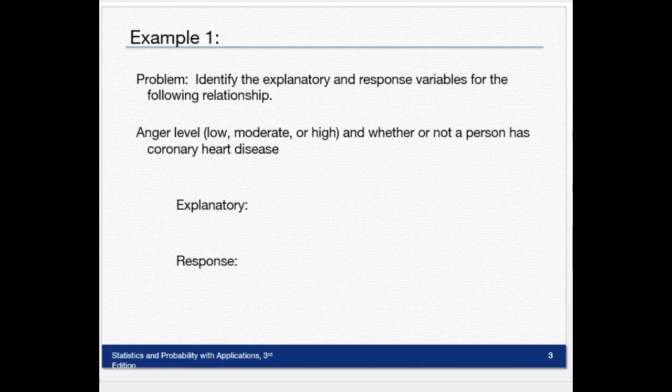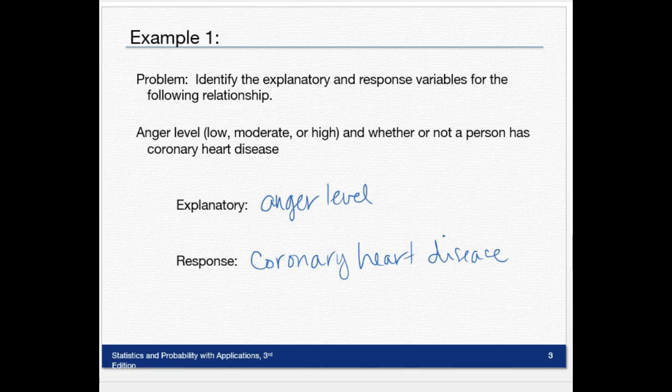It's the independent, and it's affecting the level of heart disease. So explanatory would be anger level, and the response variable would be coronary heart disease. Okay, so anger level explains coronary heart disease. That's what we're trying to say. And we'll have a lot of practice.